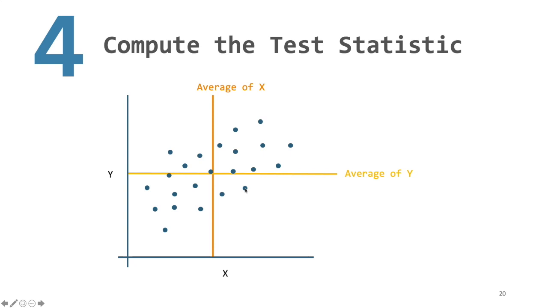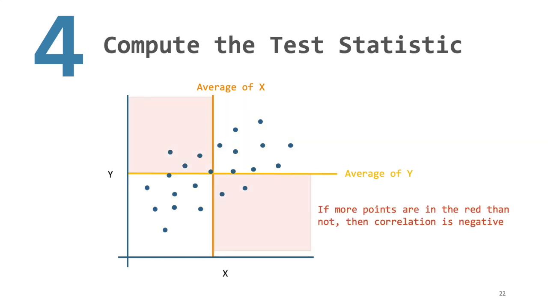Positive times a negative is a negative. You have the same thing happening here. And roughly, what you can look at is where are most of the points? Are most of them in the positive areas or in the negative areas? If more points are in the green, the positive areas, then the correlation is going to be positive.